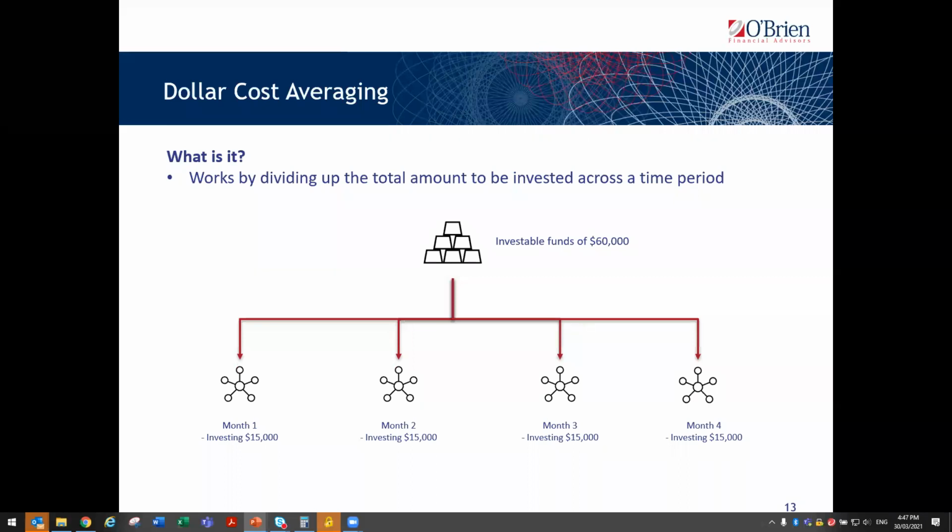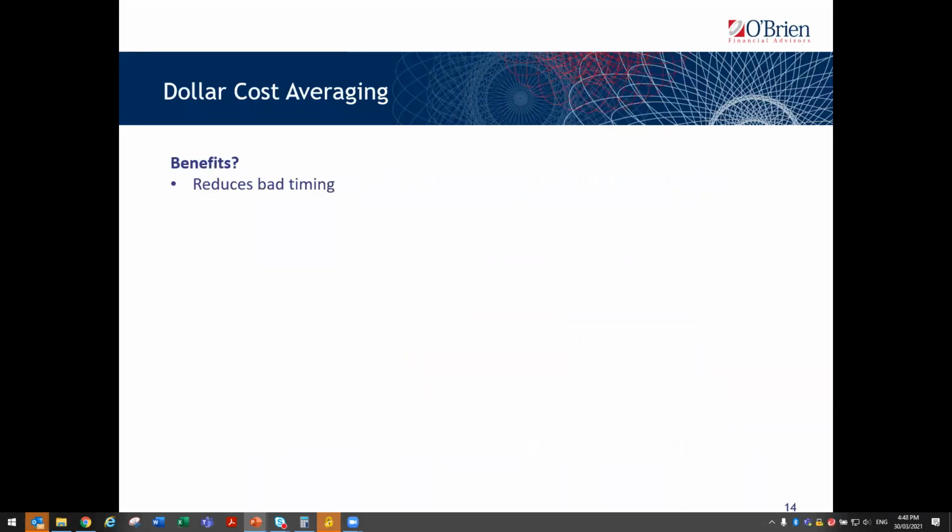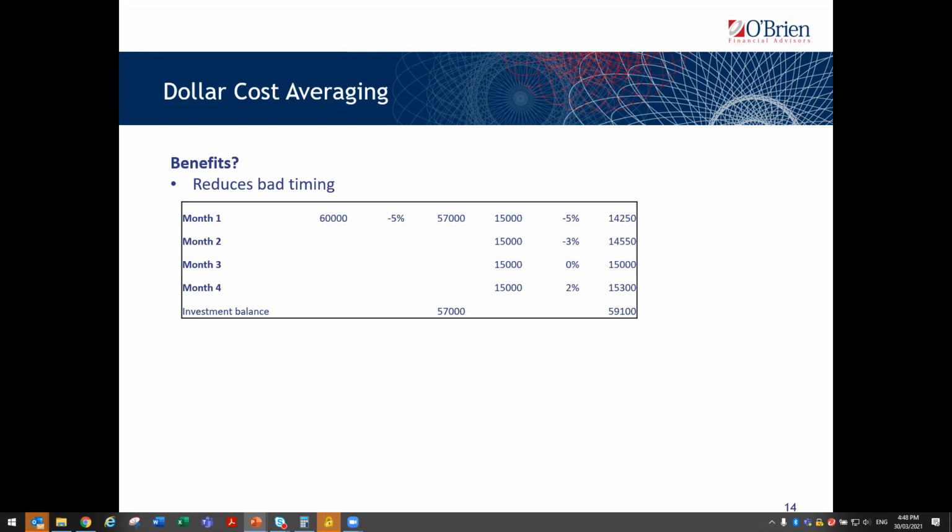So what are some of the benefits of this strategy? It reduces bad timing of the market. So in the example I provided, investing $60,000 as a lump sum versus investing $15,000 over 4 months with market volatility.